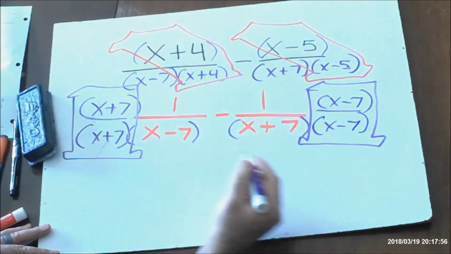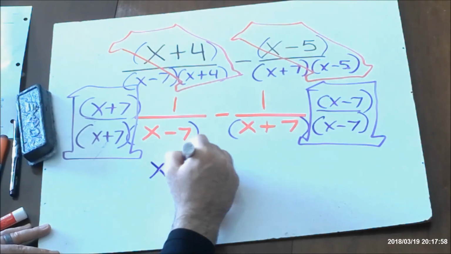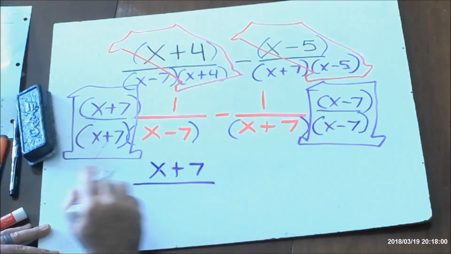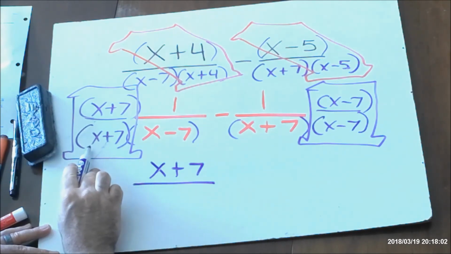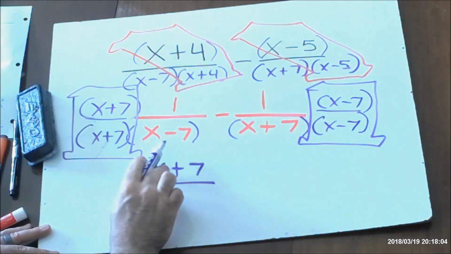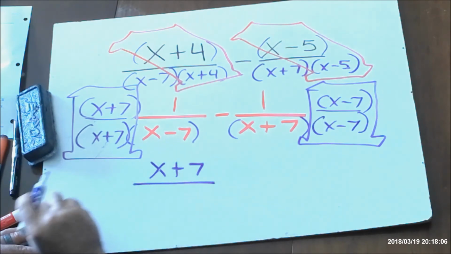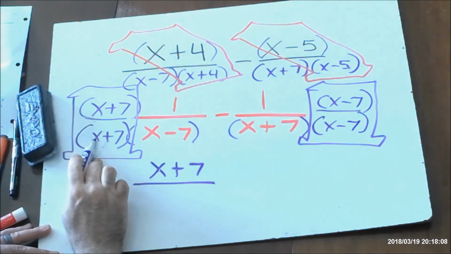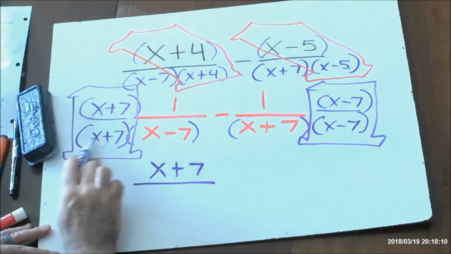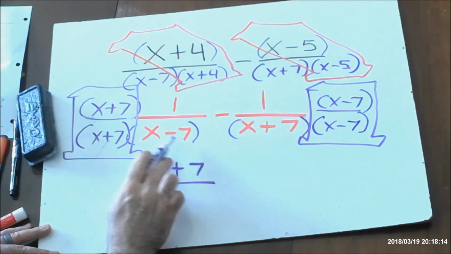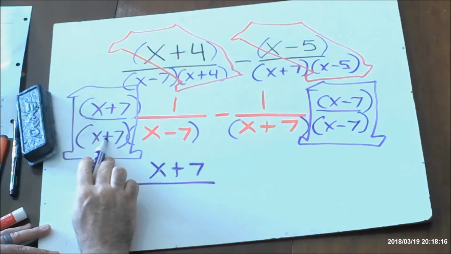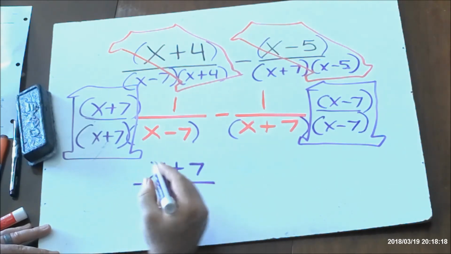So what I'm finally left with is x plus 7 over here, over, and I'm going to go ahead and distribute this. I notice this is a difference of squares. You're welcome to multiply this out if you didn't see it. But whenever you have an x plus a number, x minus a number, it doesn't even have to be x, but if you have the exact same parentheses twice, but one's positive, one's negative, you can do this trick.